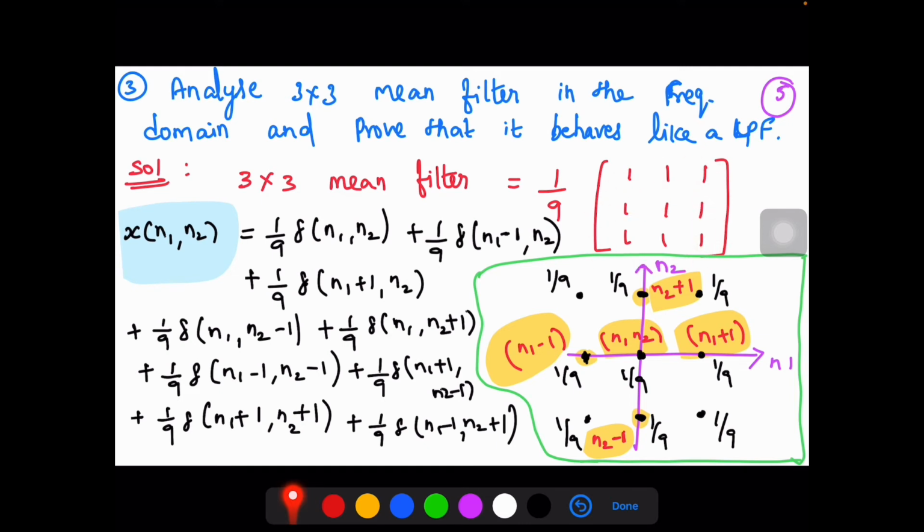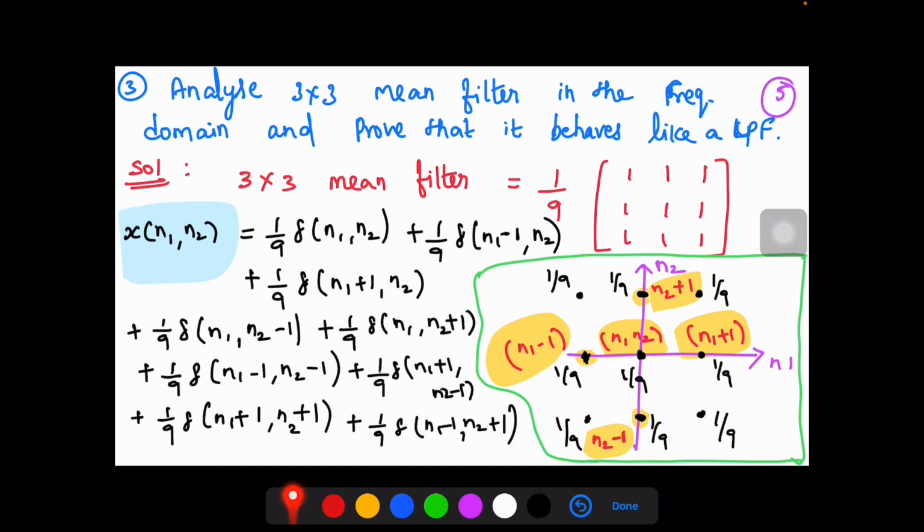Let me take 1 by 9 as common. So you have 1, 1, 1, 1, 1, 1 and 1, 1, 1. To represent your signal, your image pixel components, in terms of impulse delta functions using shifting properties, first let us explain this graph here.